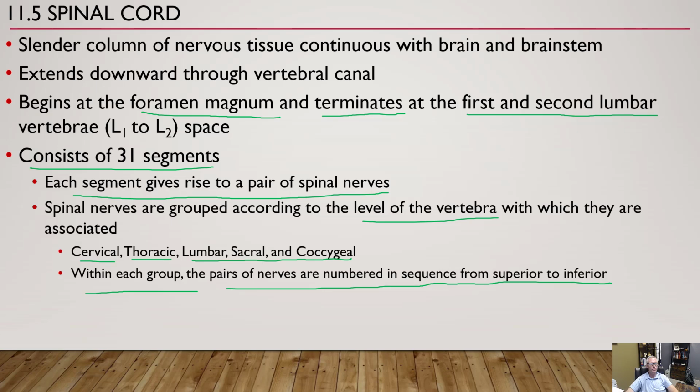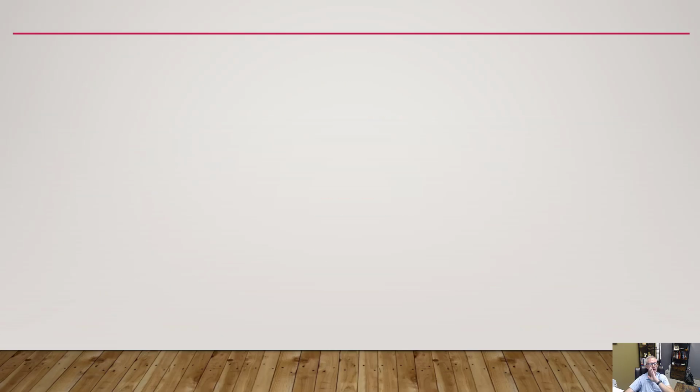Let's do a little exercise here. How many cervical vertebrae do we have? We have 7 cervical vertebrae. Then our thoracics come next. We have 12 thoracics. Then how many lumbars? We have 5 lumbars. Then how many coccygeals do we have?